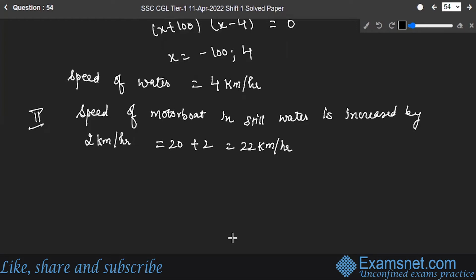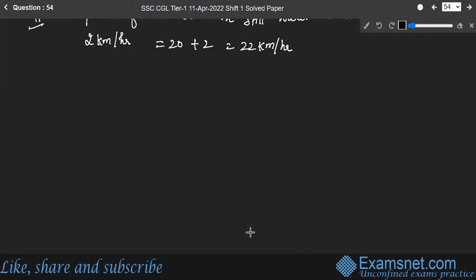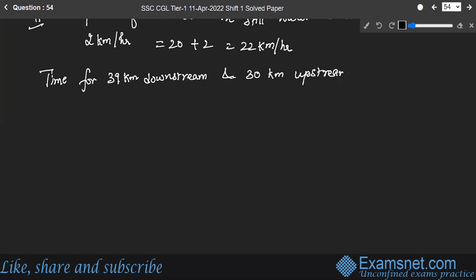Now, the time for 39 kilometers downstream and 30 kilometers upstream, you have to calculate, right? Time for 39 kilometers downstream and 30 kilometers upstream. This is equal to 39 upon 22.